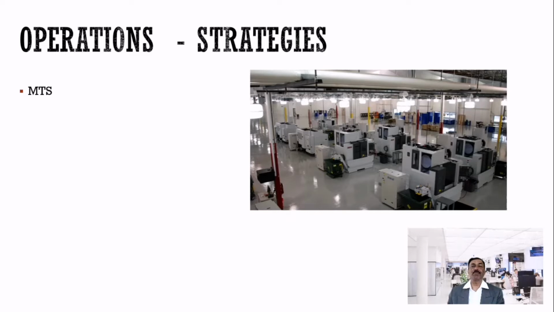So here, based on forecast, you are going to do assembly of the product and then push it to the customer or retailer store. This happens based on the forecast, and possibly here the customer wants the item immediately. They are not willing to wait, and this is the case for most of the organizations.